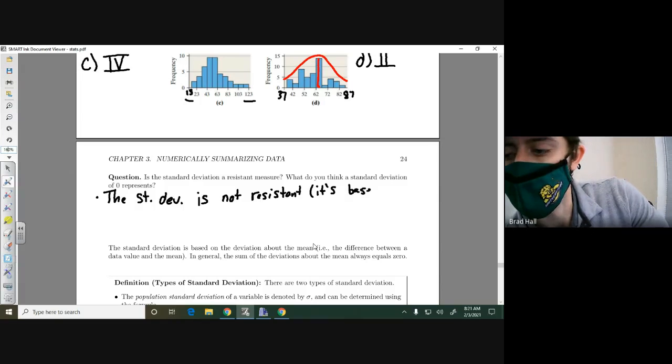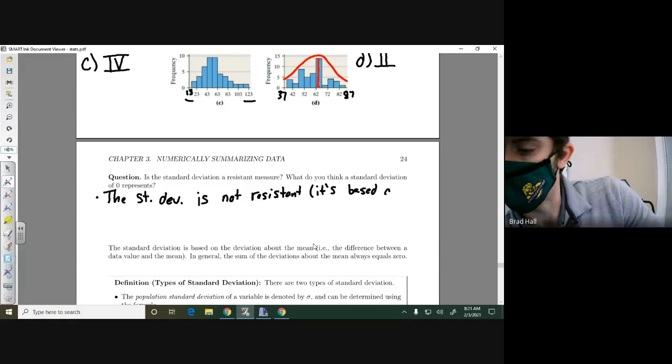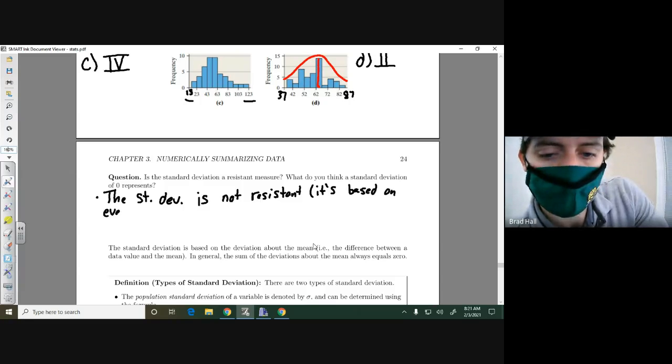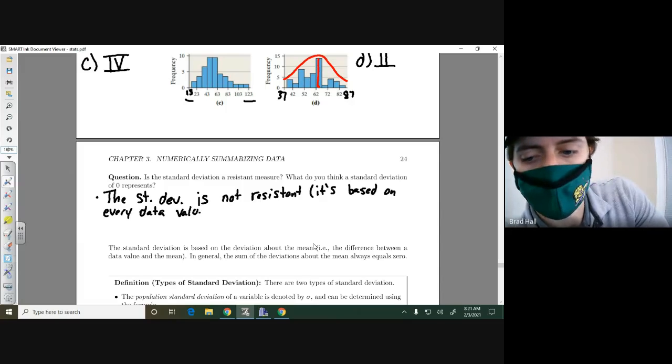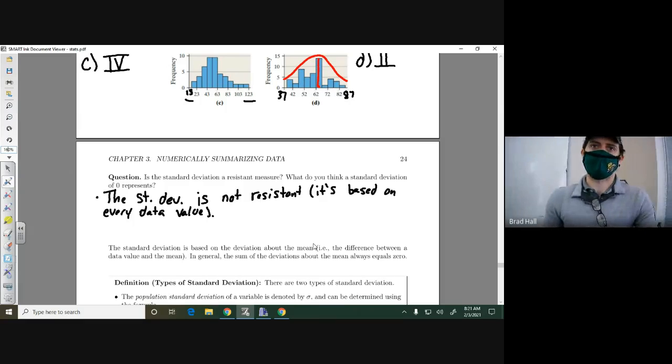And we could say it's based on every data value. But another perfectly sufficient way of thinking about it is exactly what you said. If the standard deviation is based off the mean, and the mean is not resistant, then guess what? Standard deviation is not resistant.